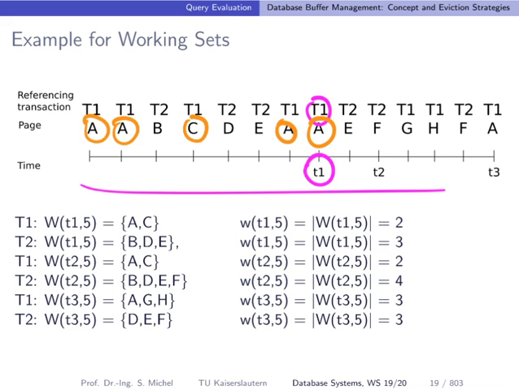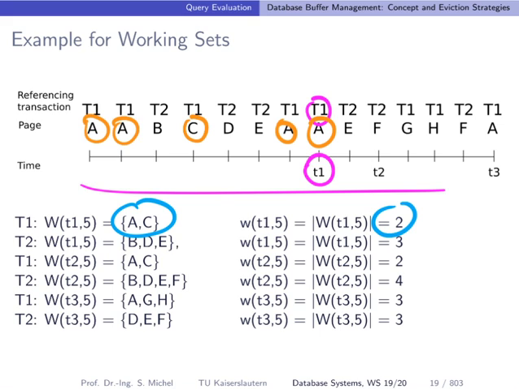T2 we don't really care about now, we only look at T1. So within the 5 previous accesses for this transaction, there are 2 distinct pages that were referenced, A and C. So the working set is A and C. So obviously the cardinality of this working set is 2.